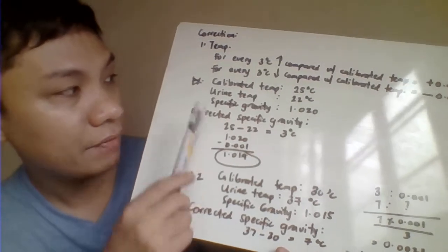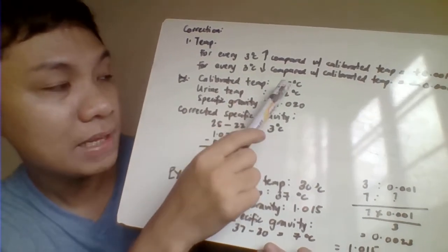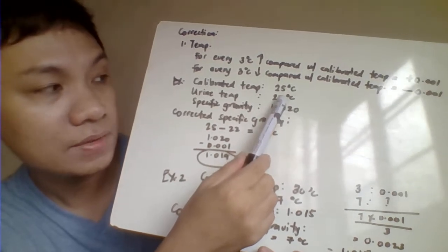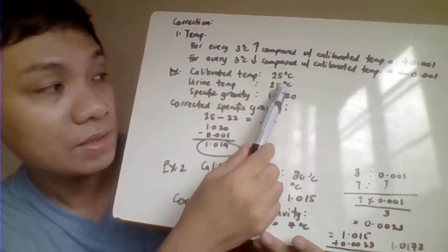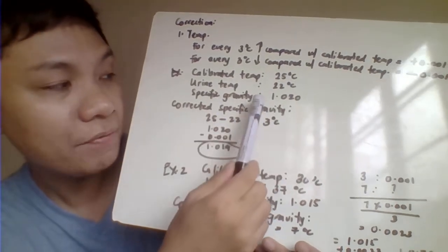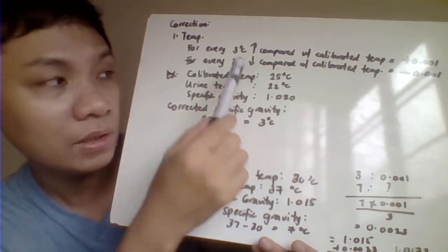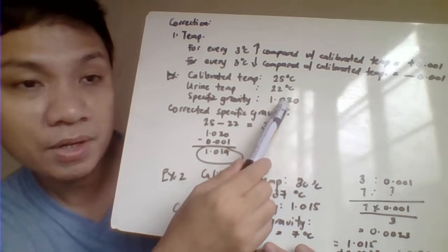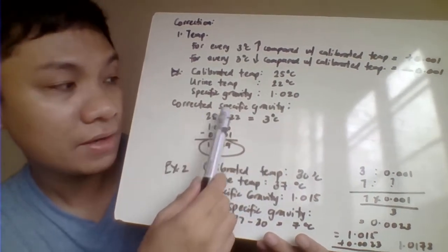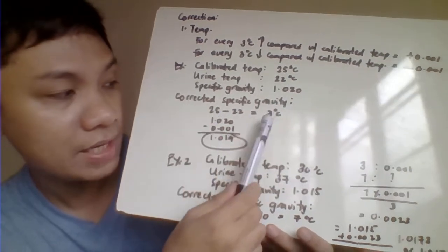Example, we have the calibrated temperature ng instrument natin 25 degrees. Urine temperature natin 22 degrees, so medyo mababa ang ating urine sample compared with your calibrated temperature of the instrument. Specific gravity reading na nakuha mo nung ginawa mong procedure 1.020. Then you need to compute here for the corrected na specific gravity reading.